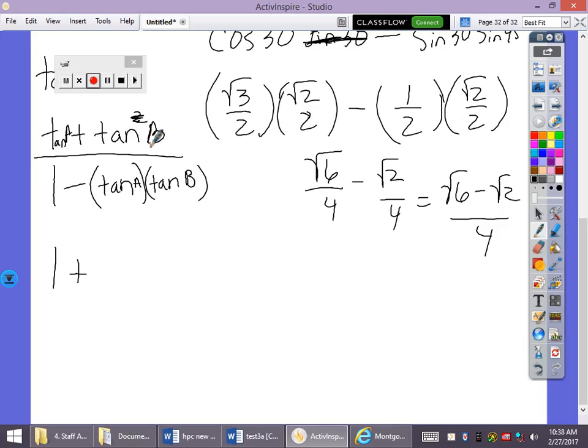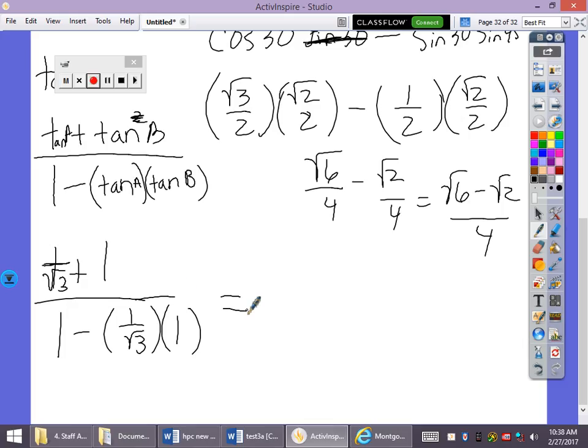All right, so the tangent of 30 is 1 over the square root of 3 plus the tangent of 45, which is 1, over 1 minus the tangent of 30 times the tangent of 45, which gives me 1 over the square root of 3 plus 1 over 1 minus 1 over the square root of 3.